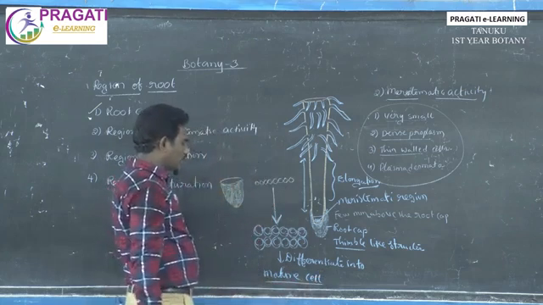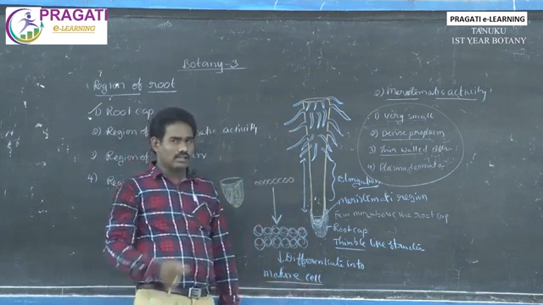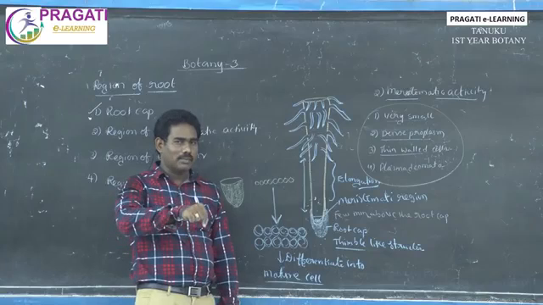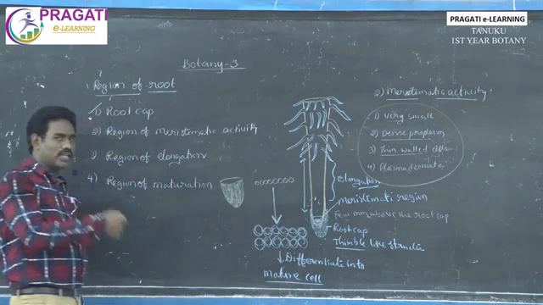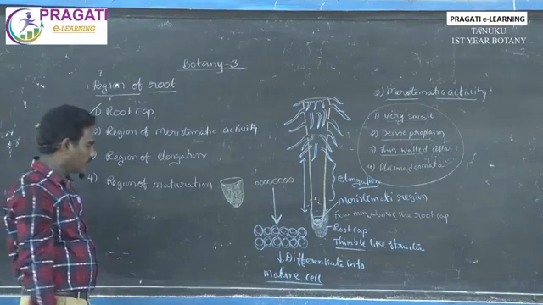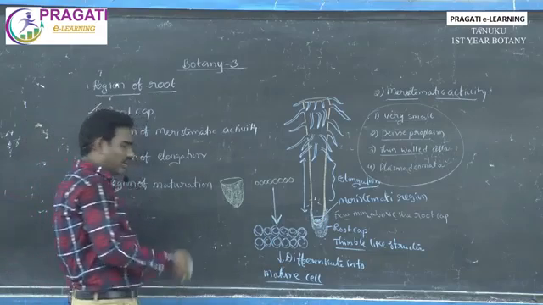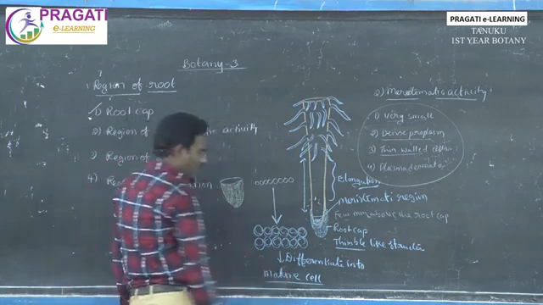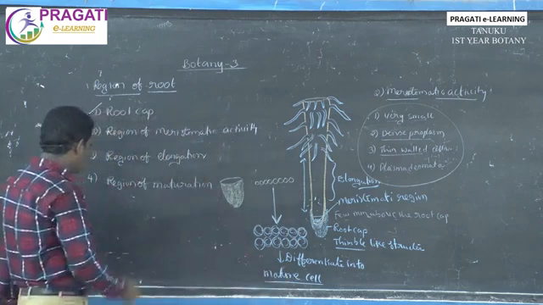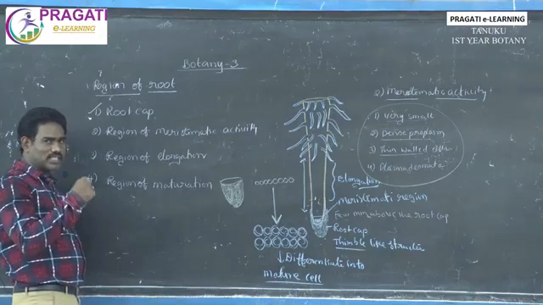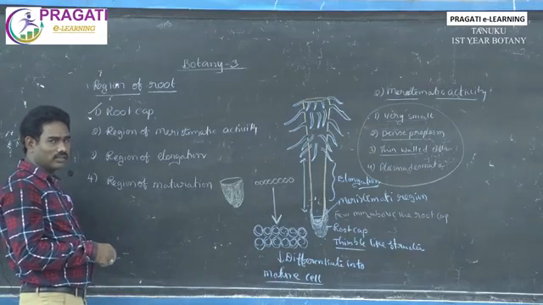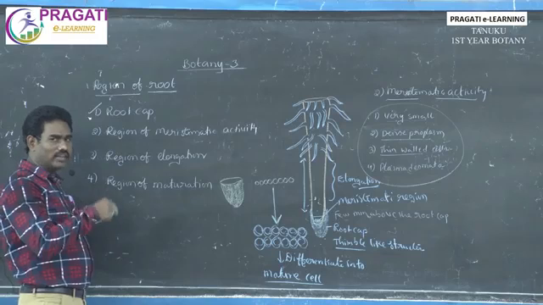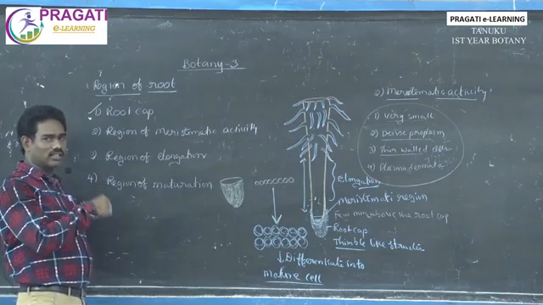Those cells which have lost their capacity to divide. Tissues that have lost dividing capacity are called mature tissues or permanent tissues.